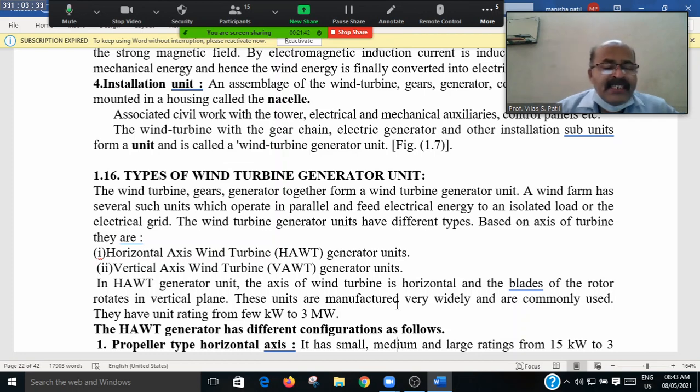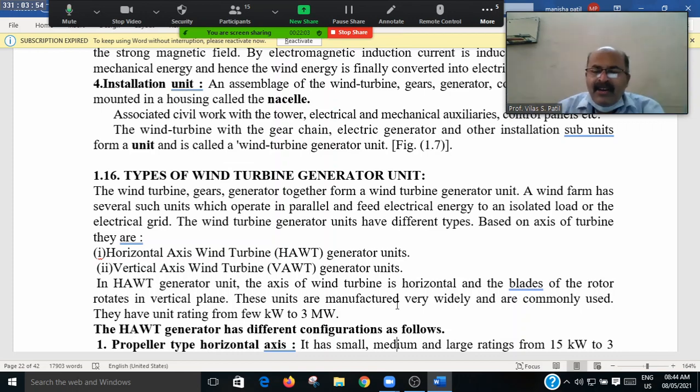In the HAWT generator, the axis of the wind turbine is horizontal and the blades are perpendicular to the axis, that is, they are in a vertical plane.